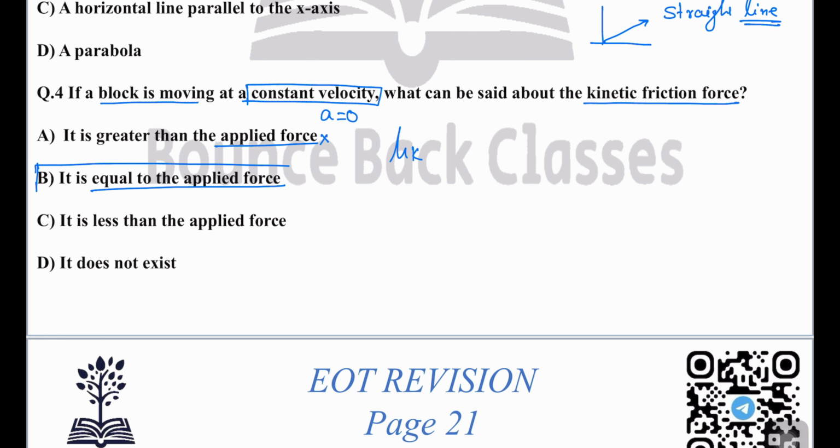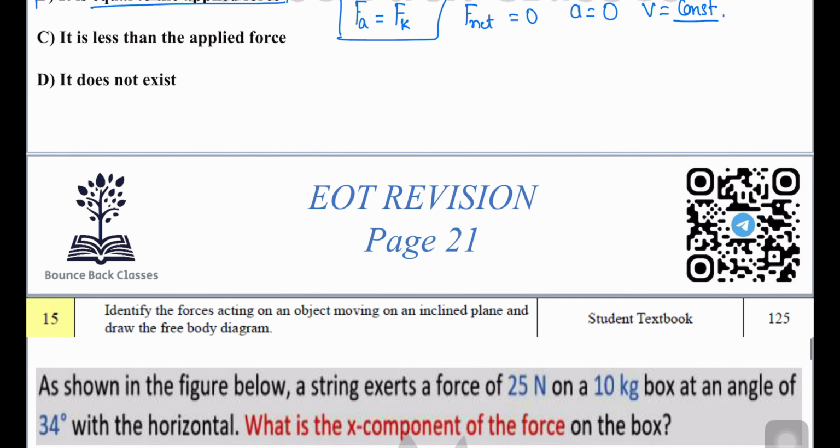So it should be equal to the applied force. Because whenever applied force is equal to the friction force, or kinetic friction force, F net is equal to 0, acceleration is 0, and velocity is constant. Clear? Okay. Next question.